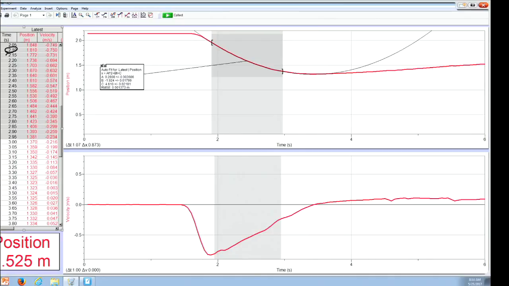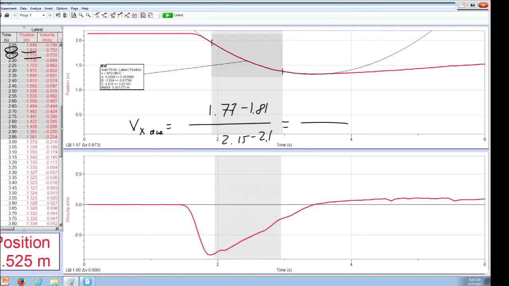Now I can take this and this, this and this. So Vx average, 1.77 minus 1.81, 2.15 minus 2.1. And, well, you can see it's negative as it's supposed to.